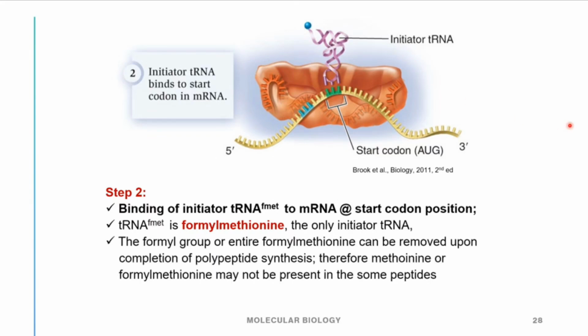Now, the initiator tRNA carries with it a formylmethionine, which is a slightly modified version of methionine, but the formyl group can actually be removed after the translation, so that at the end, the first amino acid may not actually carry the formyl group.